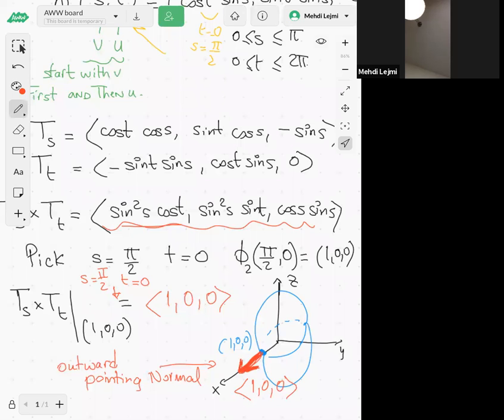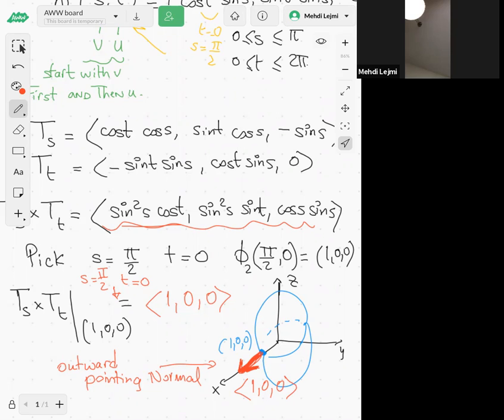So in the test or in the homework or in the final, if you have to orient your surface, all you have to do is find the parameterization, then check if the induced orientation is the right one. If it's not, then all you have to do is change the order of the parameters.